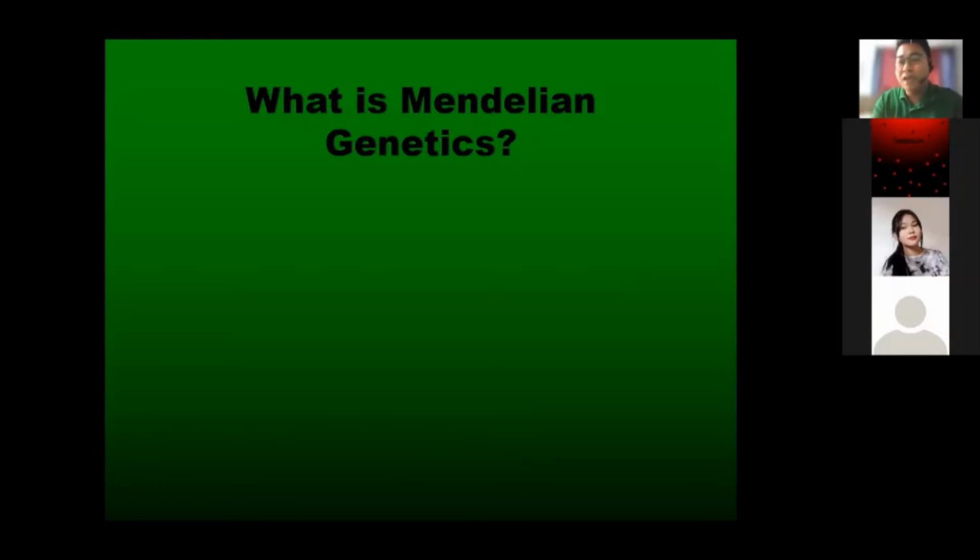So he researched about the different traits of different types of peas, or parang tawag natin dito, green peas, yung ganon. Yung gulay na peas. Okay. Hindi yung peas na kapayapaan, gulay.